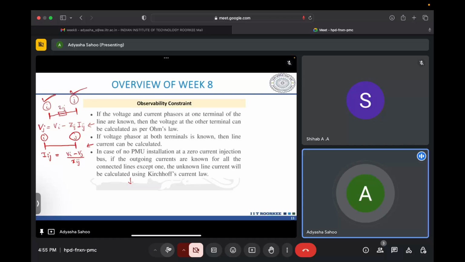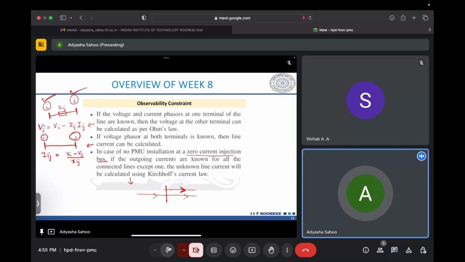And the next is for your zero current injection buses. That means you do not have any generator or loads connected to it. You have only transmission lines passing through this bus. And for such a bus, if you have the information for the currents through all the lines but one, so you have three lines here, and if you have the information of the current through two lines, then you can compute the current flowing through the last line.